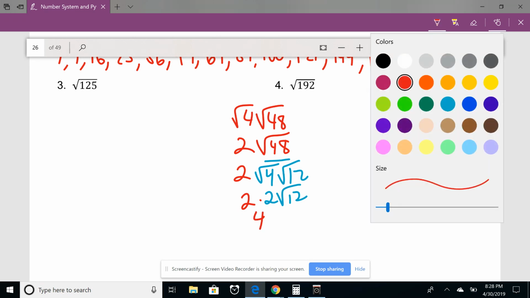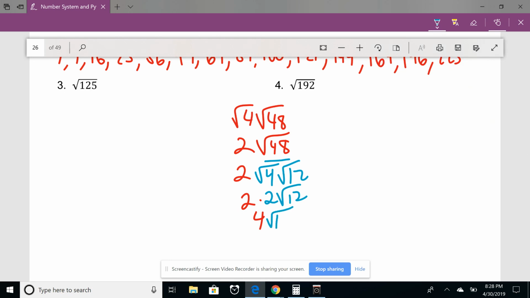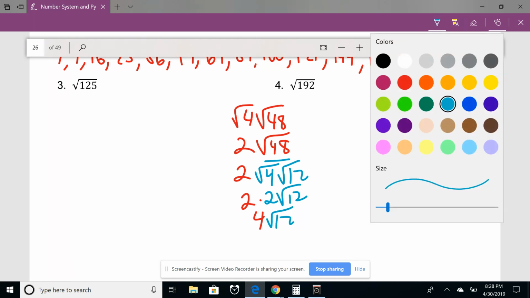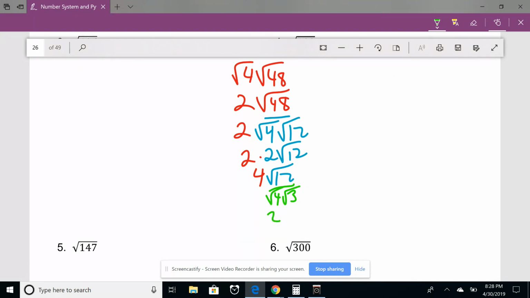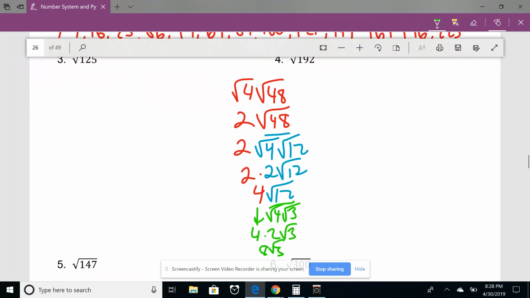Square root of 12, you can also break that one down to 4 and 3. Square root of 4 is 2, radical 3. Bring down the 4. 4 times 2 is 8. 8 radical 3. So this is a lot of steps. I don't like doing this. All these steps, very bad.